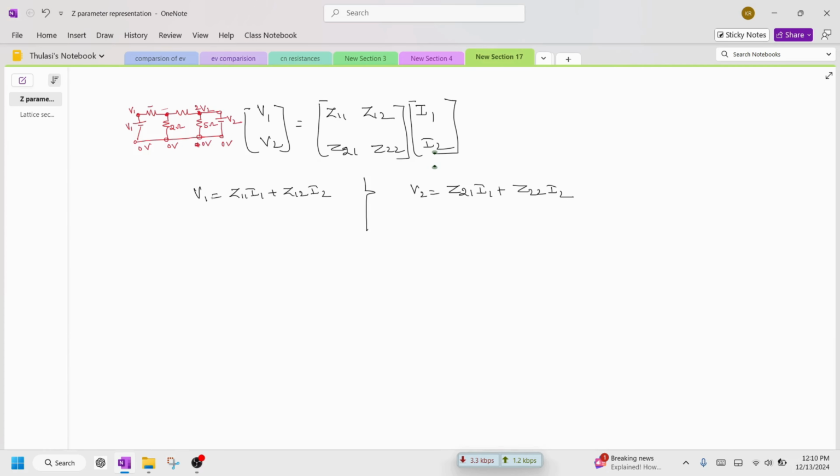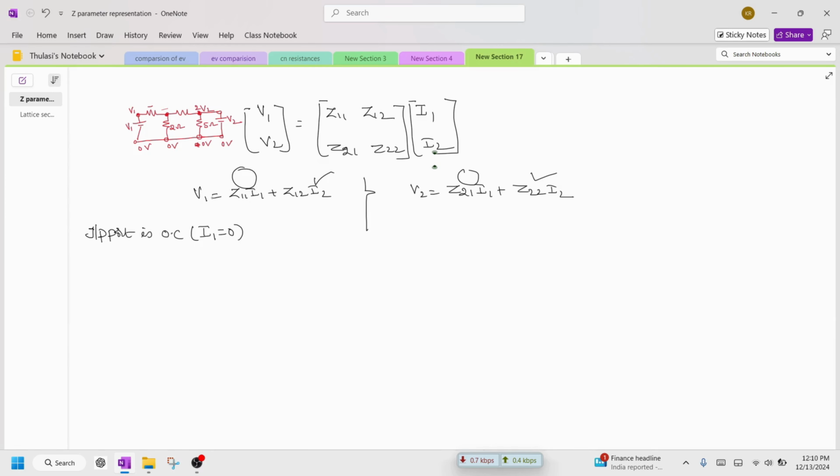In this equation previously we performed with the output port open circuited. Now we are going to perform with the input port open circuited, that is I1 equal to 0. Whenever I1 becomes 0, let us solve the problem.